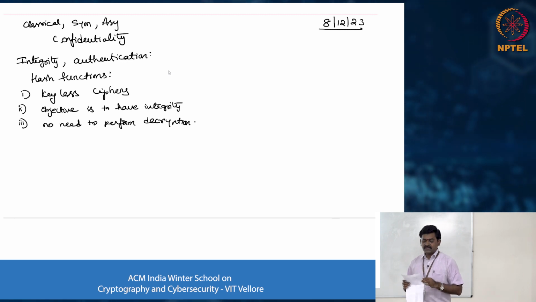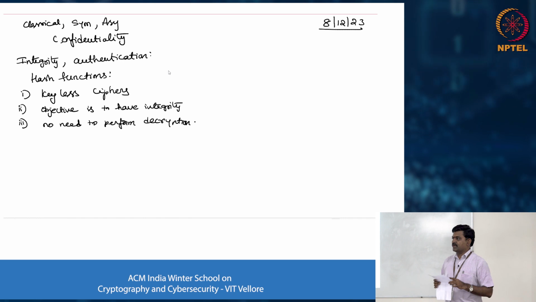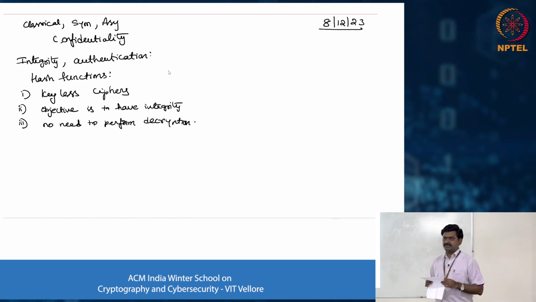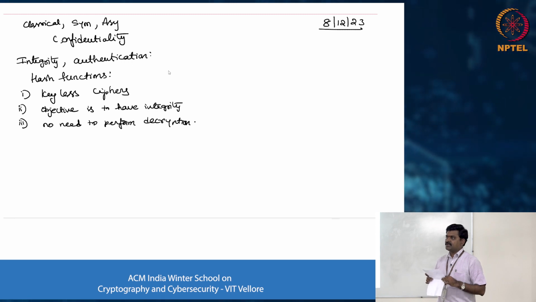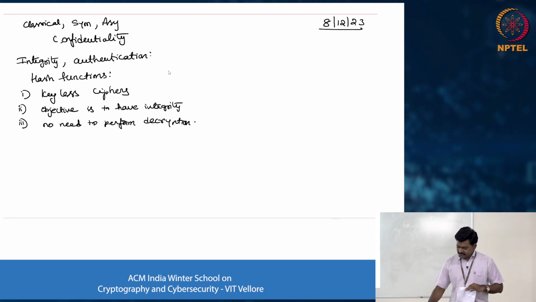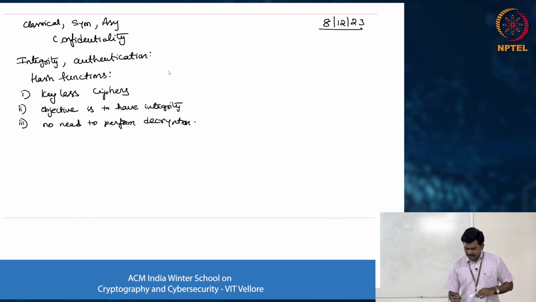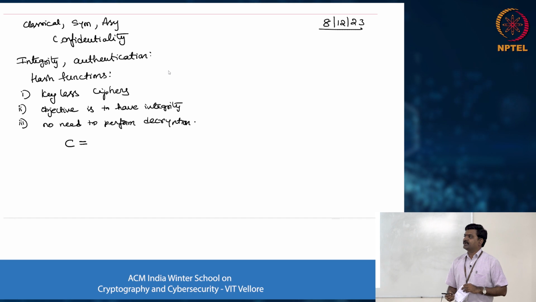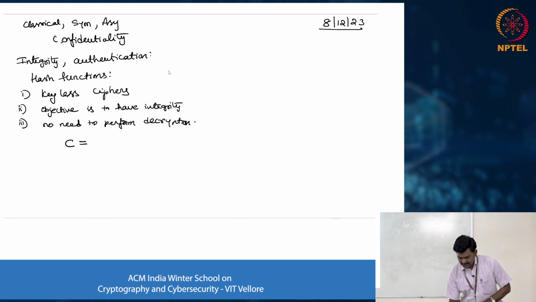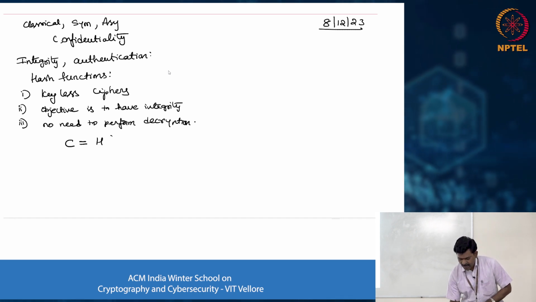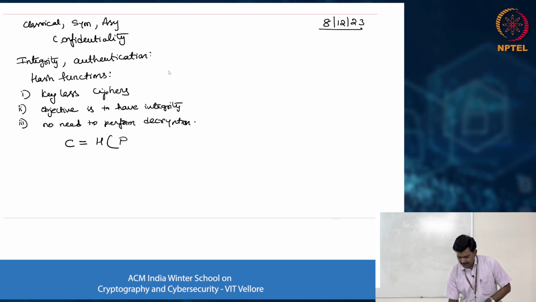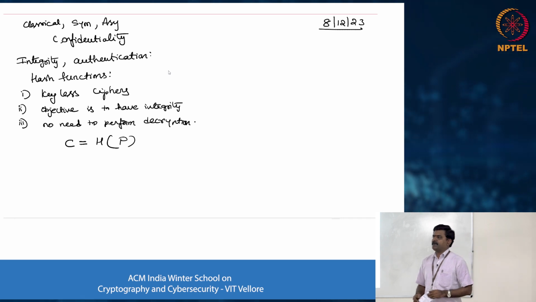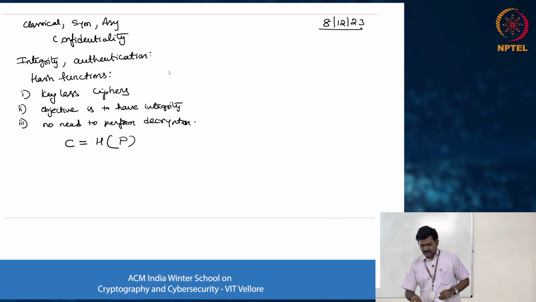Now, what is the hash function doing? A hash function is also creating a ciphertext. That means the ciphertext C is equal to H of the plain text, C = H(P). Here H is my hash function.